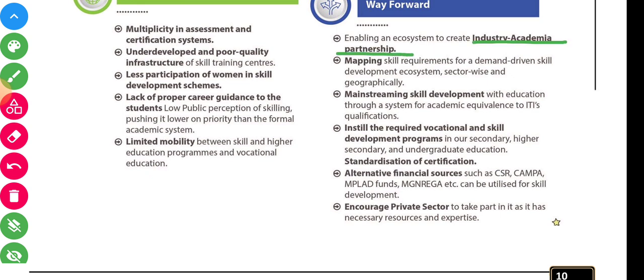What are the way forward regarding skill development? Industry-academia partnership should be strengthened. Mapping skill requirements for demand-driven skill development, sector-wise and geographically.